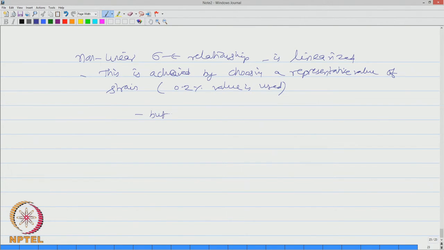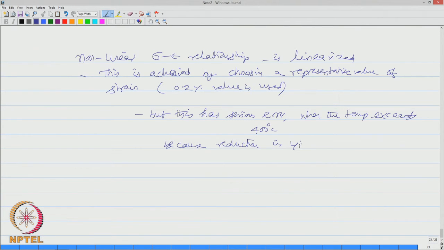But this has serious error when the temperature exceeds 400 degree Celsius, because reduction in yield strength and modulus of elasticity are not comparable at temperature exceeding 400 degree.